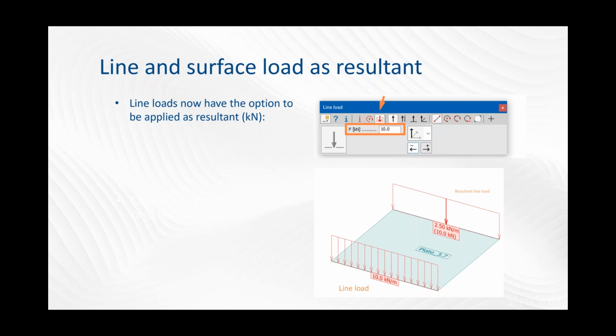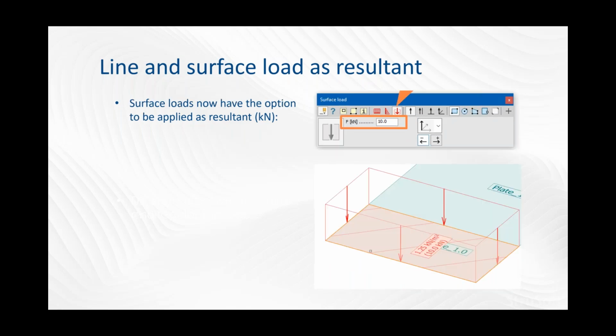If you got the resultant and you don't want to extrapolate and get kilonewton per meter or kilonewton per square meter, you can easily just apply it and the program will automatically divide it. And the same goes for surface.